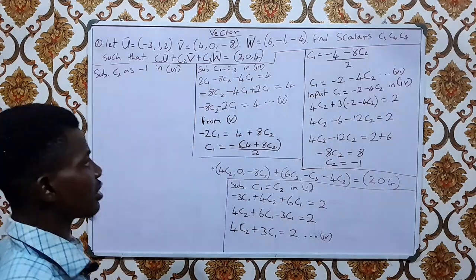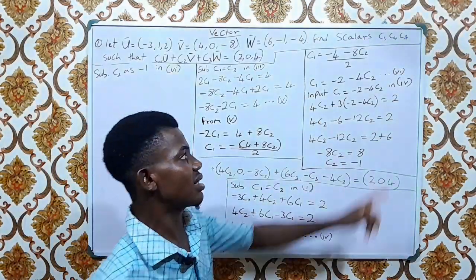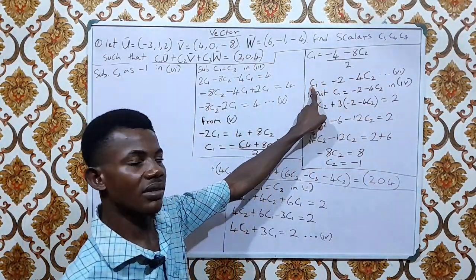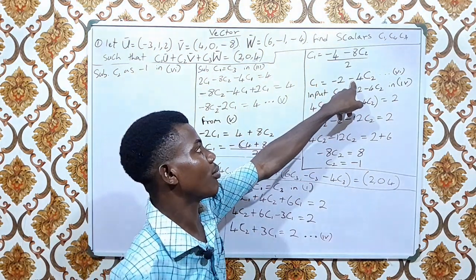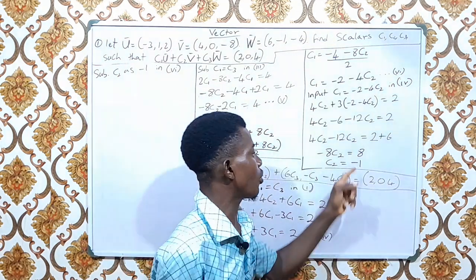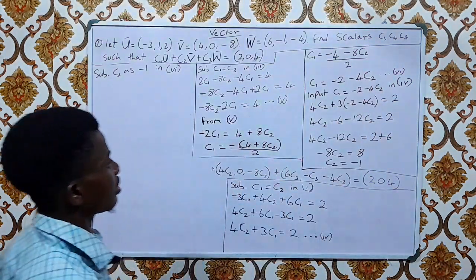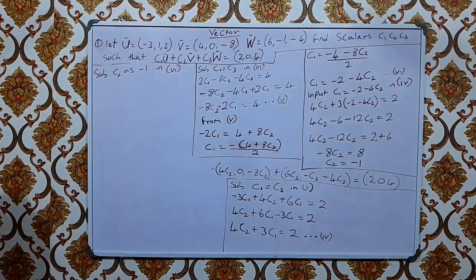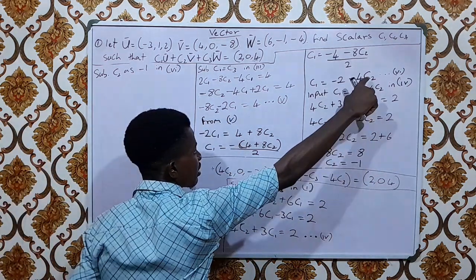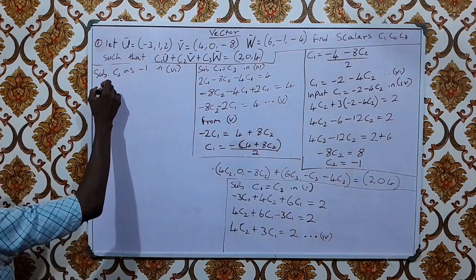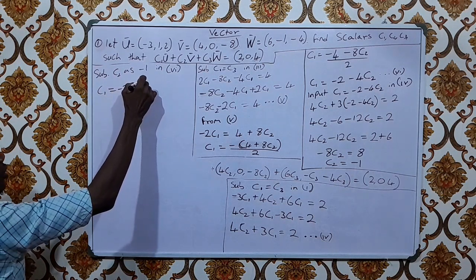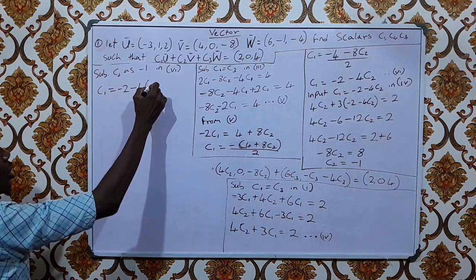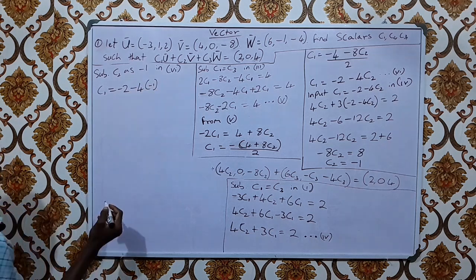Why are we putting it in 6? Because it is in this 6 we define our C1. We define our C1 to be -2 -4C2. So we use -1 to represent C2 here. We now have that C1 is equals to -2 -4 open bracket -1.